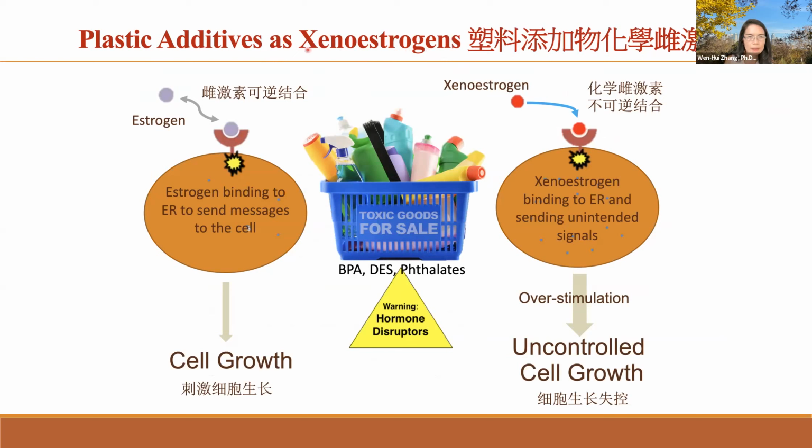So the plastic additives act as xenoestrogens. So they are in the form of xenoestrogens. This is the chemical estrogens. So this is the human cell, and that's an estrogen receptor. So when the estrogen binds to the receptor, it's reversible.